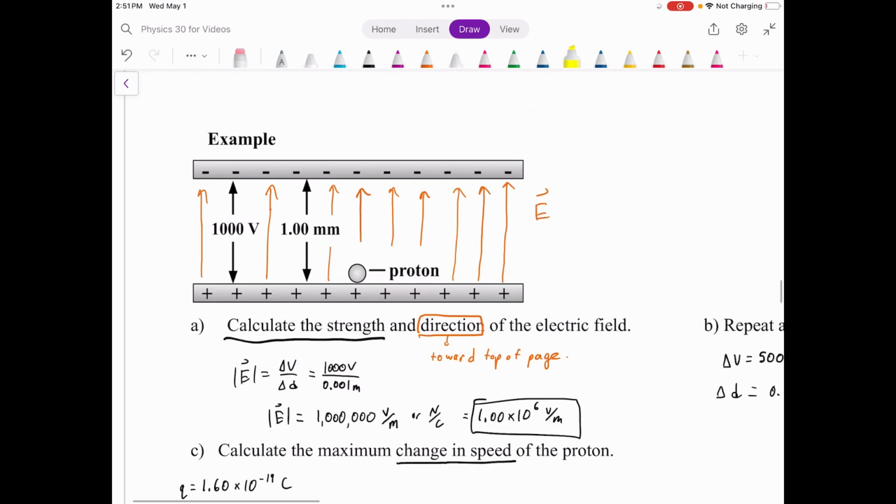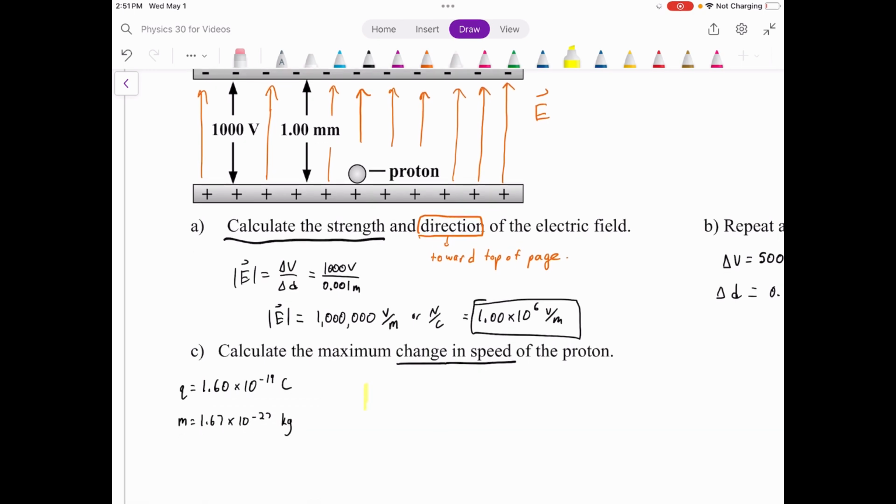So really what we have here is just a case of conservation of energy, right? This is, we could say, physics principle number 5. We know that potential energy is being converted into kinetic energy. It has a lot of potential energy here. That's all going to get converted into kinetic energy as it moves from there to hit the plate.